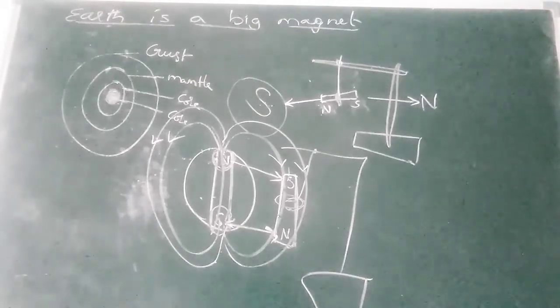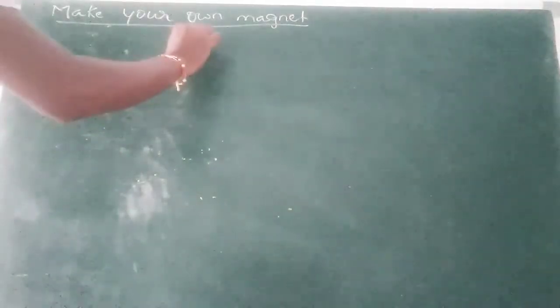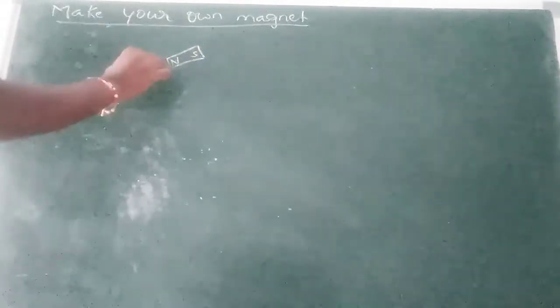Next, we can also prepare a magnet with the help of a magnet and a magnetic material. Make your own magnet. We can prepare a magnet with the help of a bar magnet and a magnetic material.